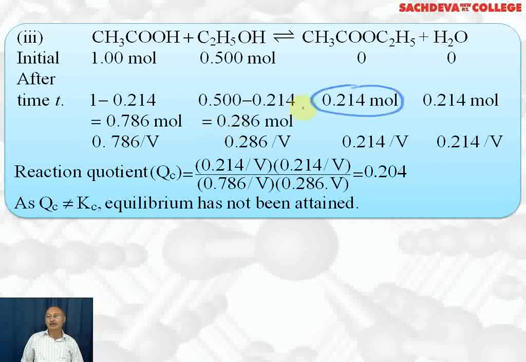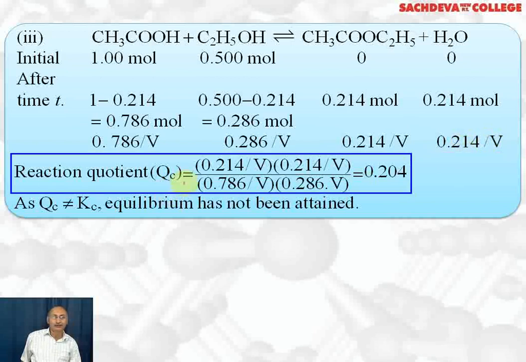And 0.214 moles of ethyl acetate is formed, 0.214 of water will be formed because both are equal. So at equilibrium we have 0.786 moles of acetic acid divided by volume, 0.286 divided by volume of ethyl alcohol, 0.214 divided by volume of ethyl acetate, and 0.214 divided by volume of water.